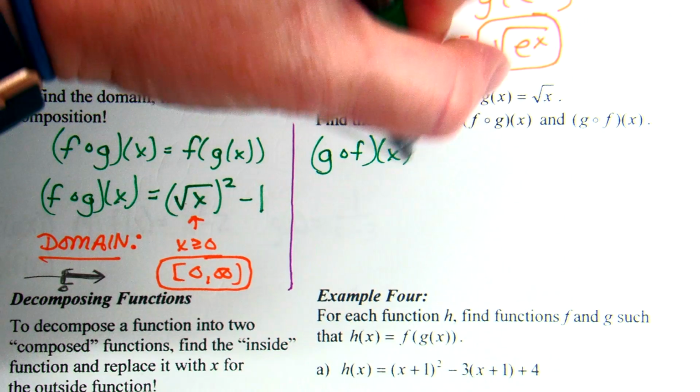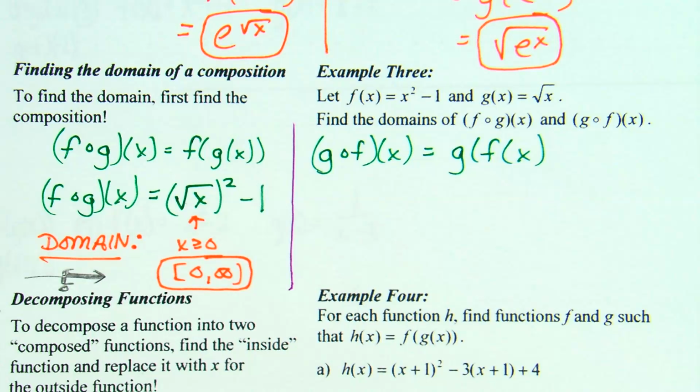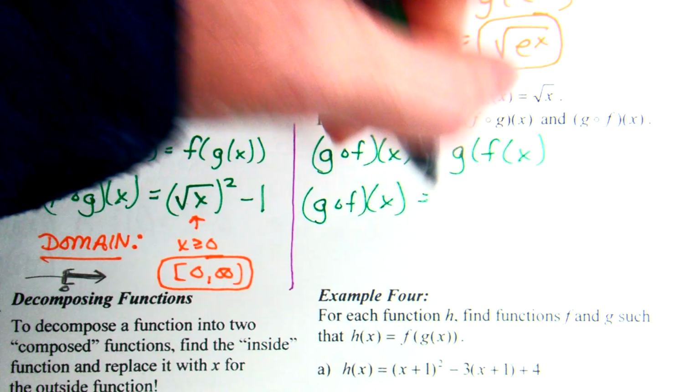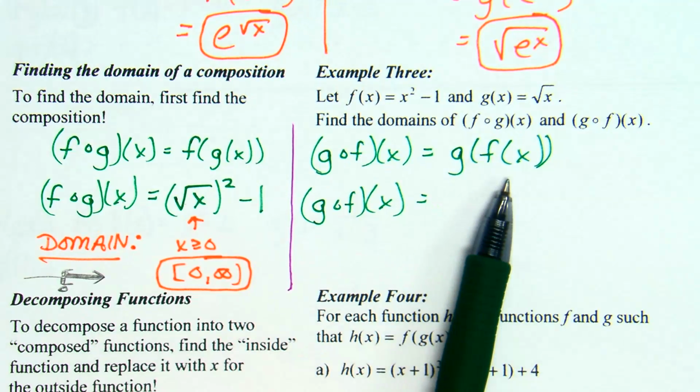So g composed with f of x means we're doing g of f of x. Oops, I need an extra parenthesis there, don't I? G of f of x, which means I'm taking what and putting it into what? I'm going to take f and put it into g.